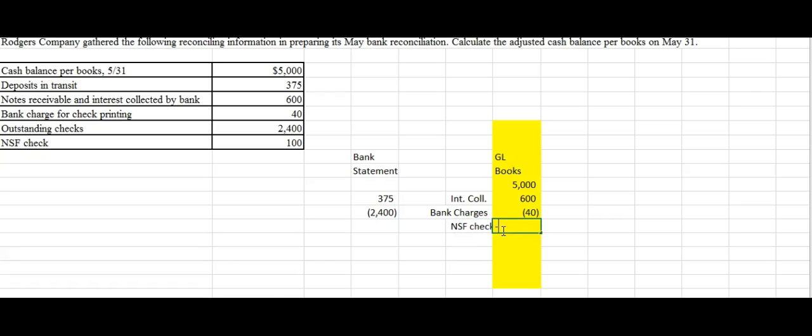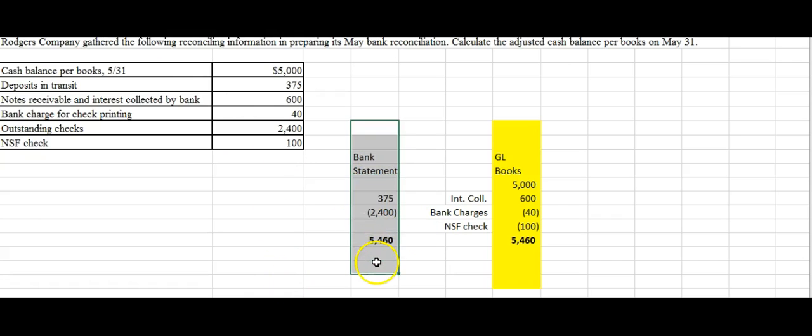So you're going to go ahead and take it out again. You have put it in up here, but now that you found out that it didn't have the funds, you take it back out. Okay, so my ending adjusted balance per my book is $5,460, and this would be your answer. You have to get 5,460 here as well, right?